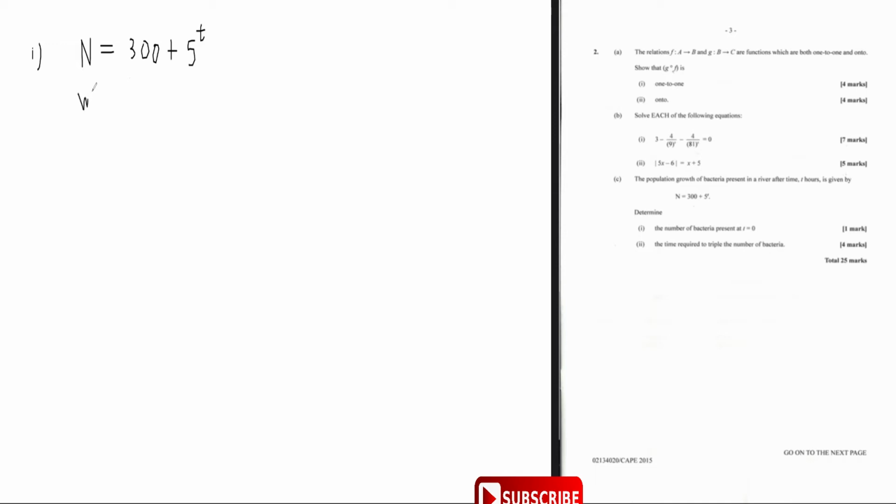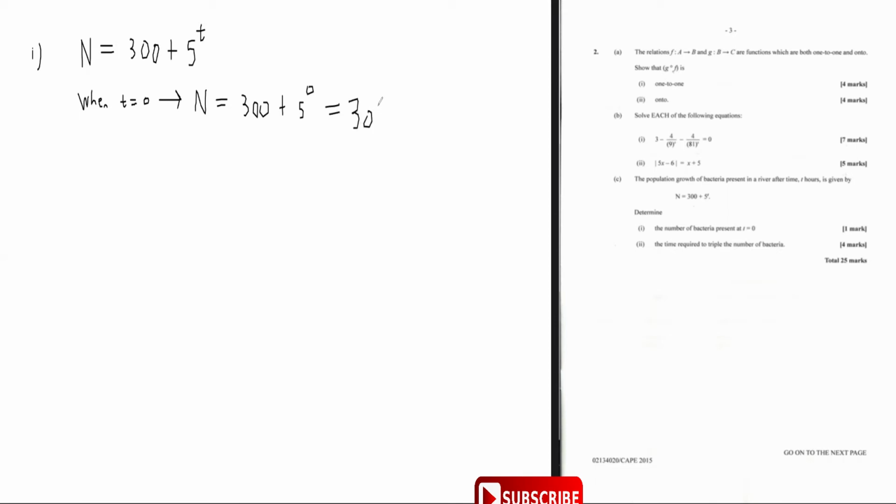So when t equals 0, we're going to substitute t into this equation. When t is 0, we get N is equal to 300 plus 5 to the 0, and anything to the 0 power is 1, and so N is equal to 301.